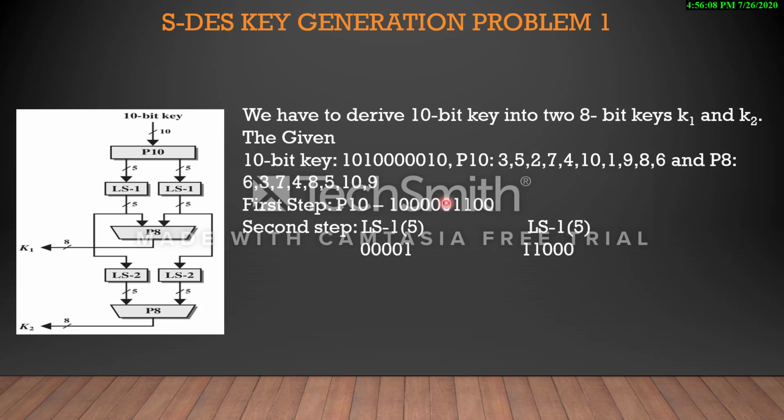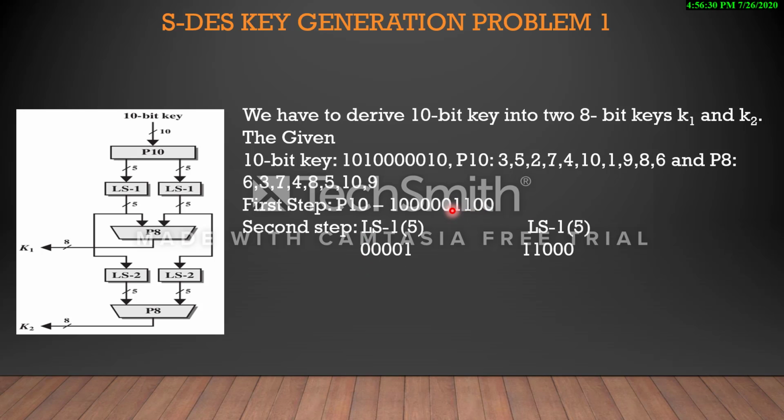If we do the left shift 1, it is going to shift all the bits one bit to the left, so this one will go and occupy the fifth place. This is the output of left shift 1, and then the next half part.